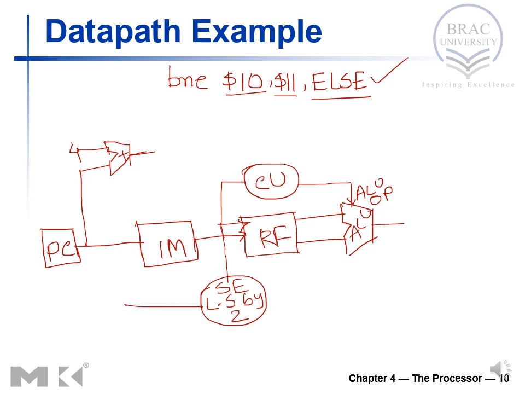So this 32 bit value will go here, and we shall perform an addition here. So this link would carry PC plus 4 plus branch offset. Okay.